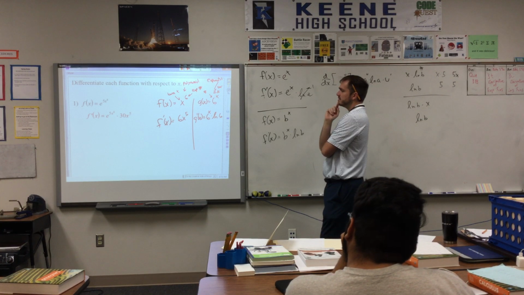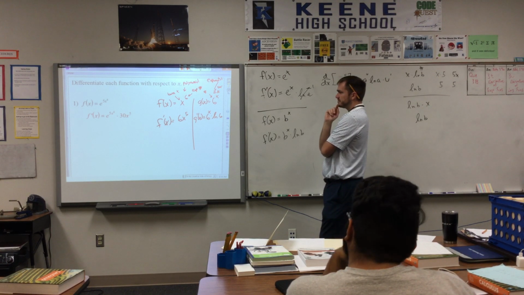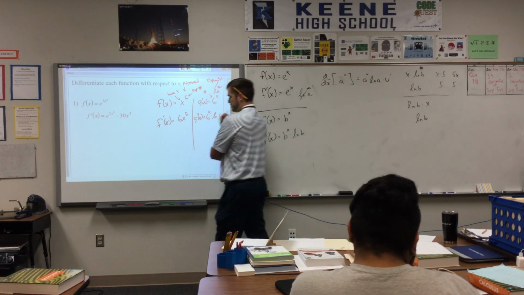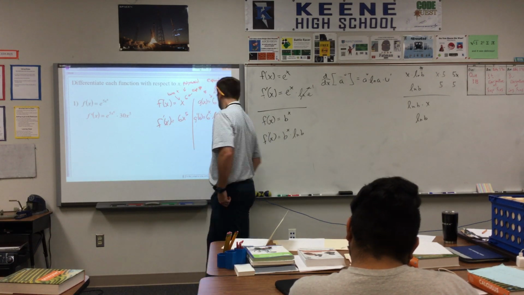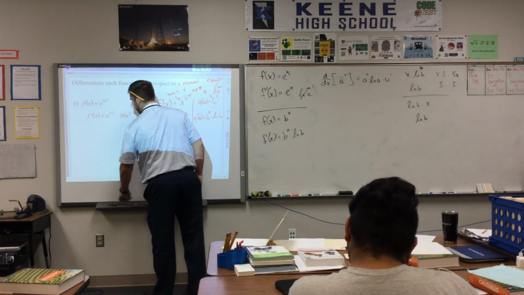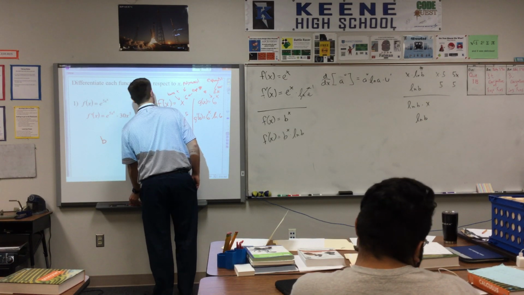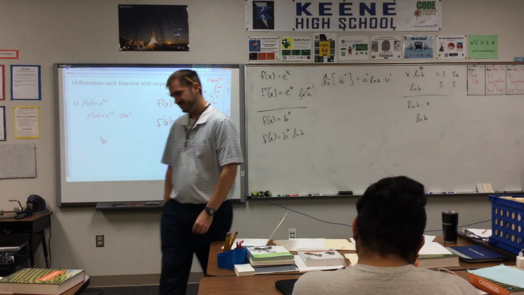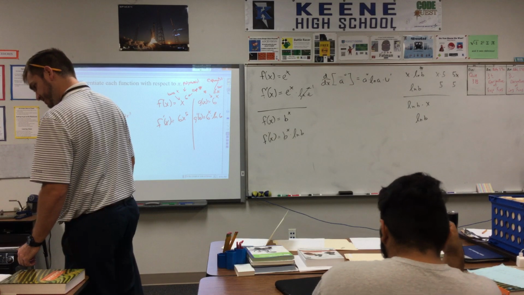What I was asking was, let's see if I can find an example of it. For example, in my notes it says b to the x equals e to the natural log of b, and then if you have that raised to the x power, you said it's the same thing as e to the x.